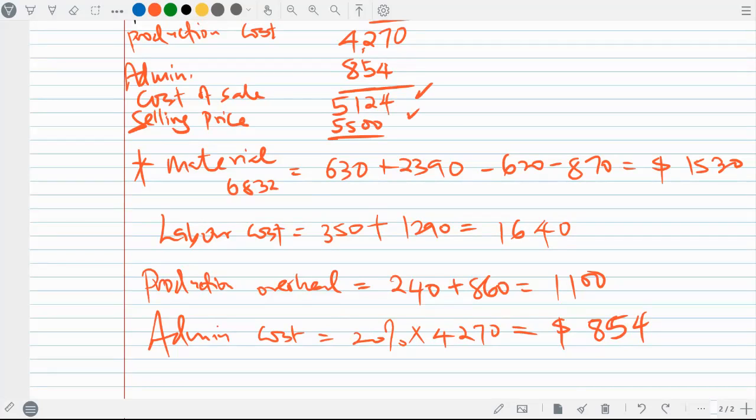How much is the profit? 376. Therefore the profit made from this job was $376. Clear? Question?